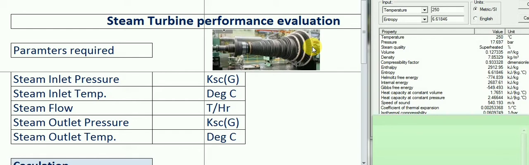So for the turbine, we want to analyze the performance. Why? Because we want to know whether we are utilizing the energy in the right way and without any losses. We want to calculate the efficiency, then only we can identify whether it is running at the design efficiency as per the requirement, or the losses are getting more. If efficiency has come down, that means we are wasting our steam energy.